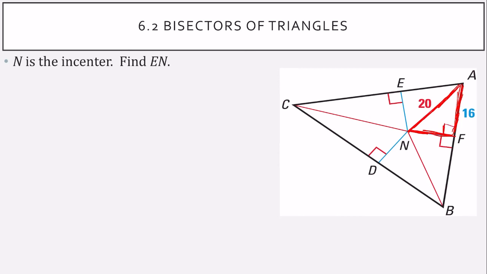And since it's perpendicular, it makes it a right triangle. If it's a right triangle, that means I can use the Pythagorean Theorem, which is a squared plus b squared equals c squared. In this case, my a is segment FN, the b is 16, and the c is 20.